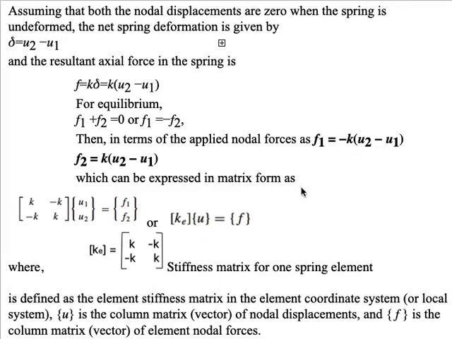This can be expressed in matrix form as K, minus K, and minus K, K, multiplying the displacements u1 and u2, equal to the forces F1 and F2.